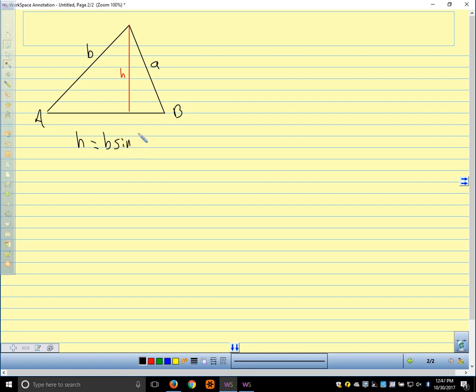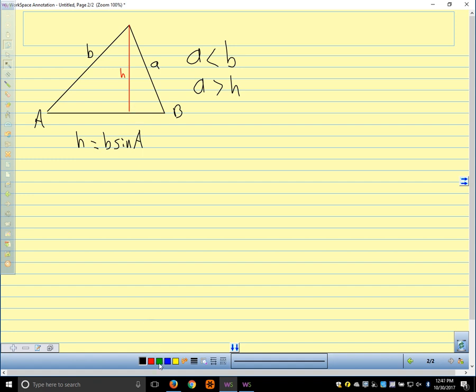Yes. So we have side-side-angle with all of these. H is still B sine A. In this case, A is less than B, but A is greater than the height. So this side is smaller than this side, but it's bigger than the height.